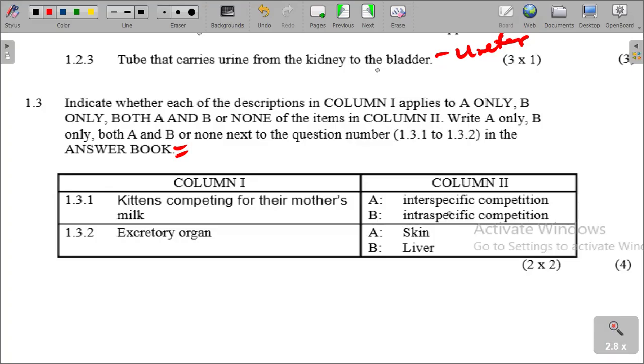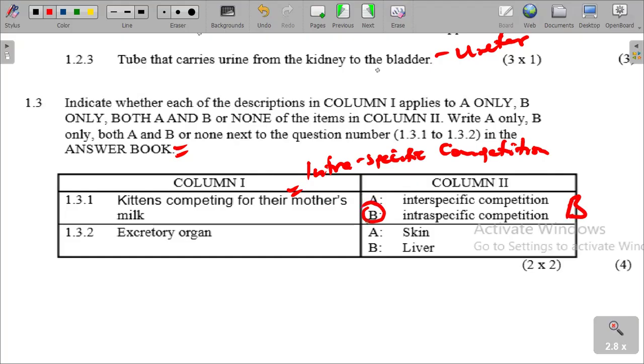It is within a species, so it is called intraspecific competition. So 1.3.1, it is B only.